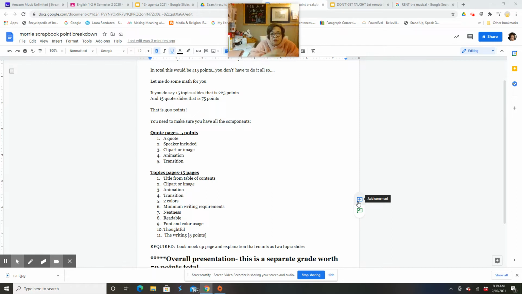So if you look at the topics page, it has a total of 10 things you have to do. That would be 10 points. And then the writing, which is worth 5 points. So that's a total of 15 points per topics page. Again, those are the ones that have the title, like accomplishments, and then all of the accomplishments you need to have.